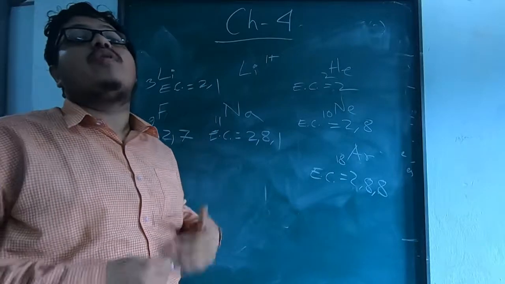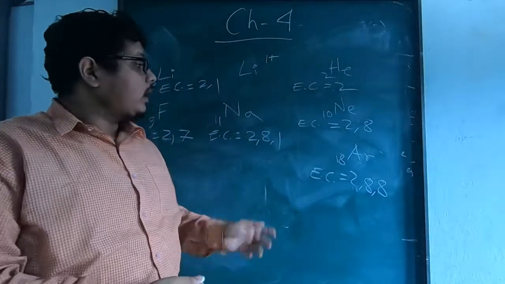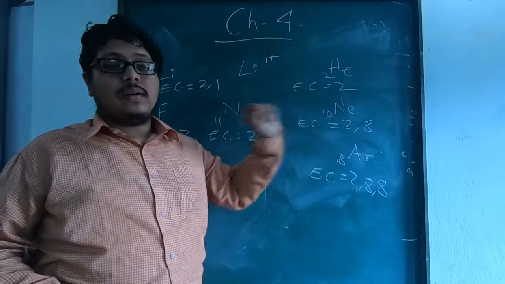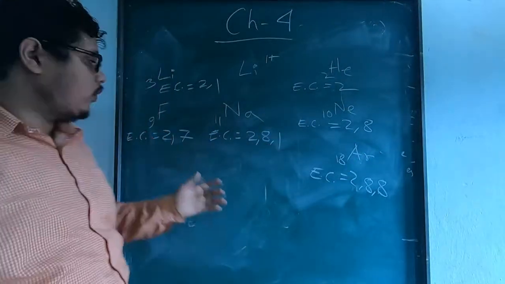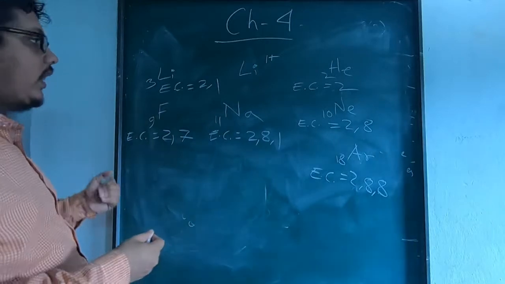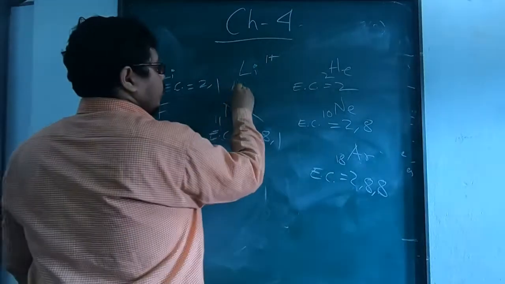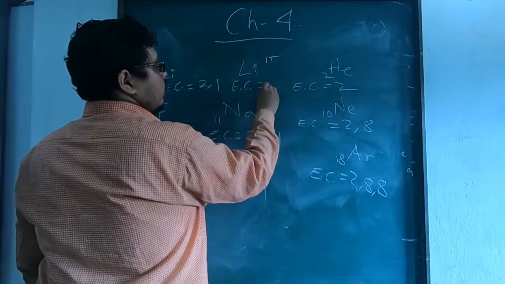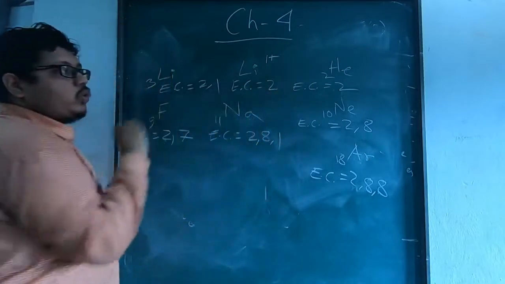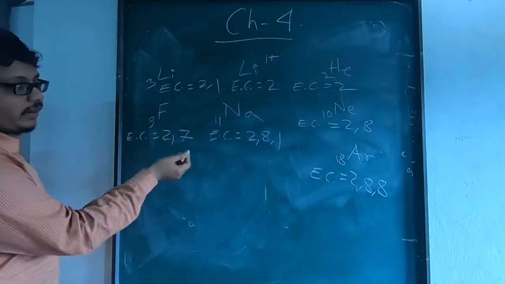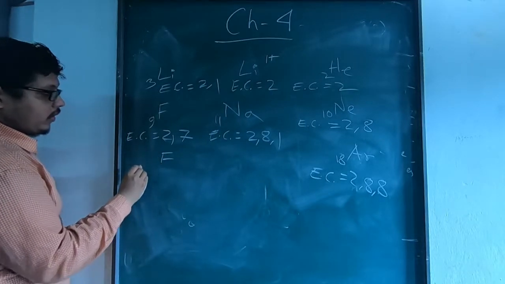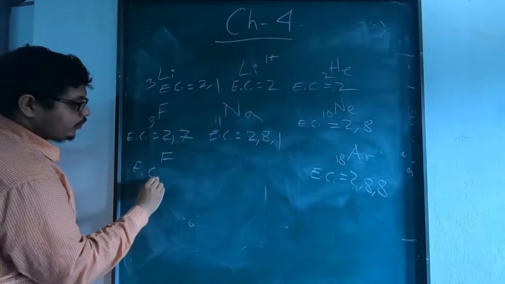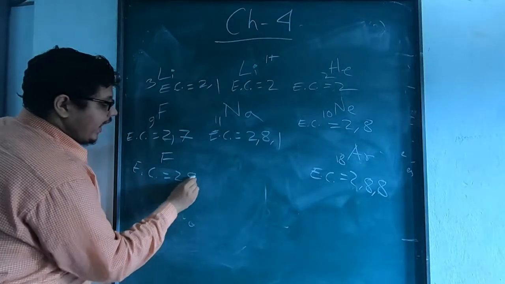Previously we saw the example of losing, but here in order to become stable like neon, in order to have an octet like neon, it will gain. Lithium had lost earlier, you can see, and after losing it had only 2 electrons left. Now fluorine will rather gain, and when it gains, electronic configuration will change to 2, 8.